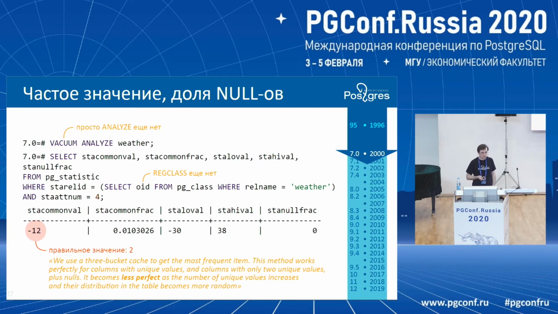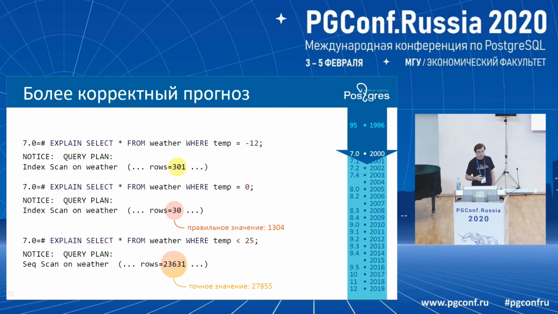And in our case, this algorithm was mistaken, thinking that the most common temperature is minus 12 degrees, which is wrong, but it was its opinion. And here we also store the frequency, how often we encounter such a value. And null frag means 0 in this case.